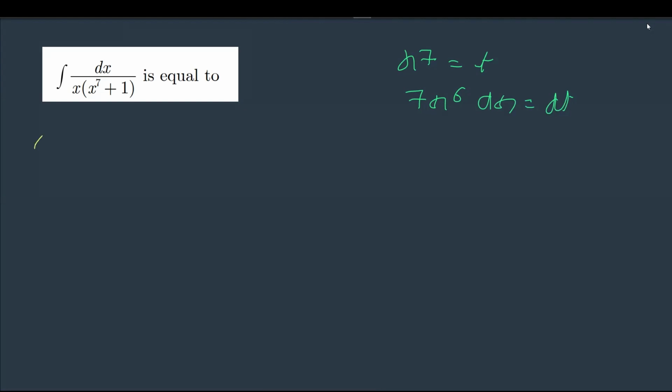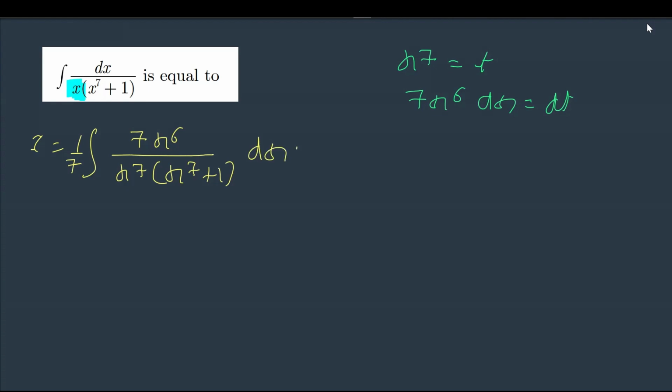So I is equal to, I can write this as, what I'm going to do is first multiply and divide it by 7. I'm also multiplying the numerator with x raised to the power 6 and the denominator, that is x. X multiplied by x raised to the power 6 should give you x raised to the power 7, and inside the bracket it is x raised to the power 7 plus 1, dx.